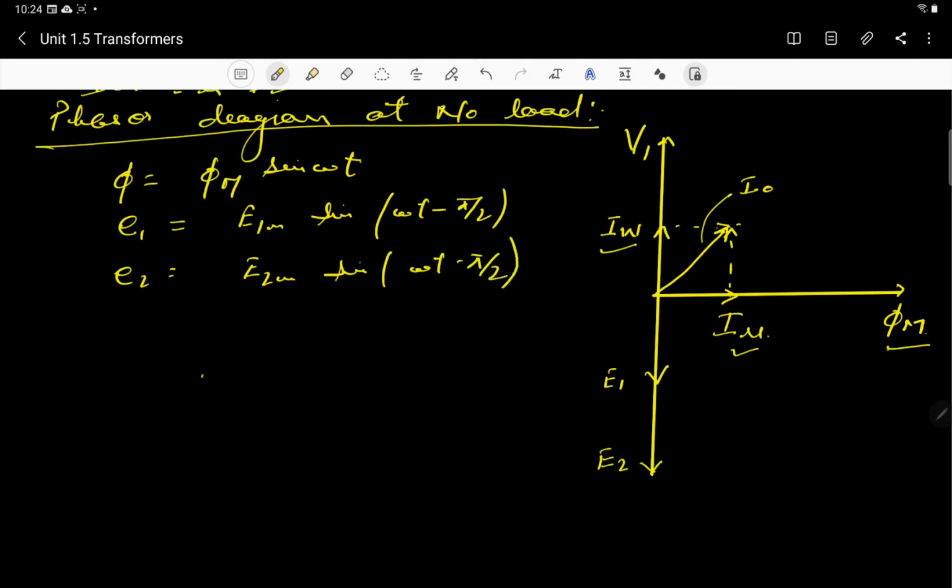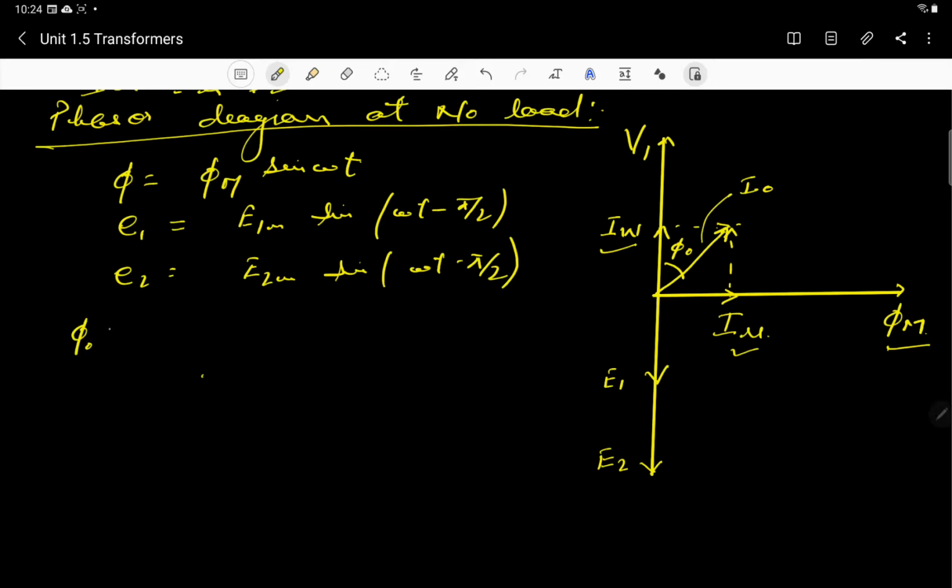We have already calculated these EMF equations earlier. Okay, and from the phasor diagram, we haven't mentioned this angle. This angle should be equal to phi naught. Okay, this is a no load power factor angle.